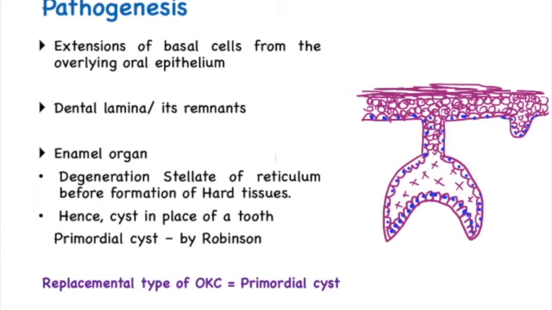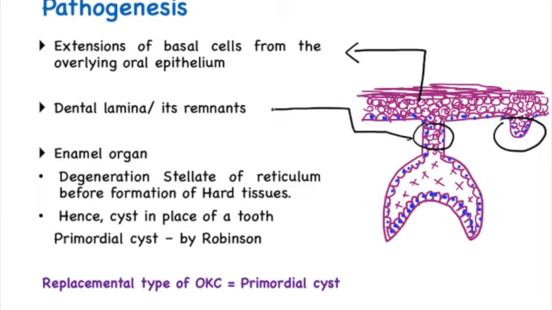Now let's understand the pathogenesis of odontogenic keratocyst, meaning which cells give rise to this lesion. Here it can be arising from any cells. The first one is the basal offshoots of the oral ectoderm. So the basal extensions of the oral ectoderm can give rise to odontogenic keratocyst, or it can arise from the dental lamina cells or the rests of it, that is, the cell rests of Serres.